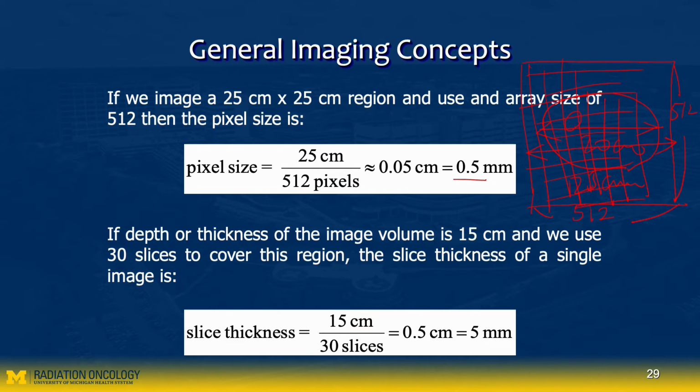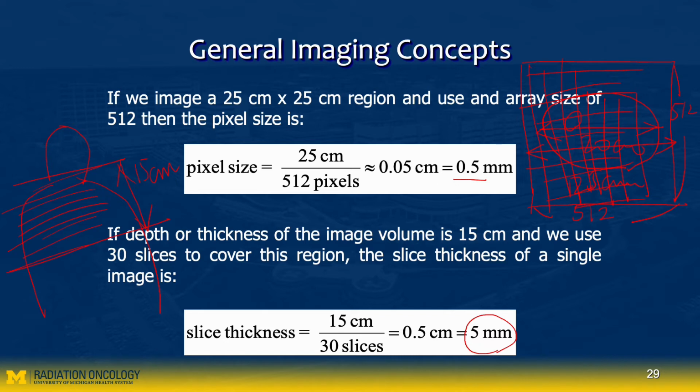All right. So now, if we assign the slice thickness, if we ask the CT machine, I want to give... Another way: say we have the coronal view, so this is actually the patient, and say from here to here is 15 cm, and I want to have 30 different slices, and that is 5 millimeter slice thickness.